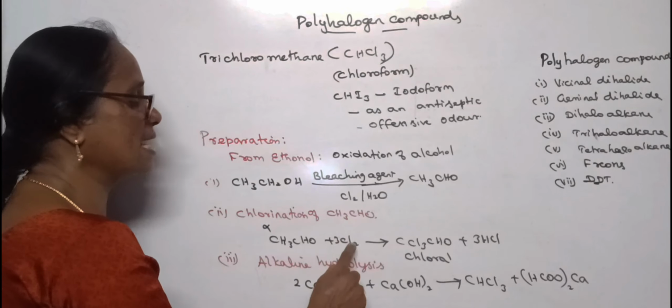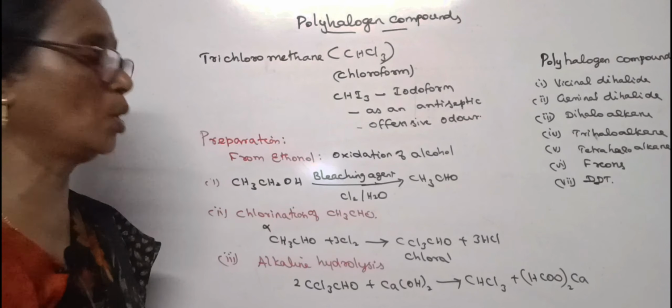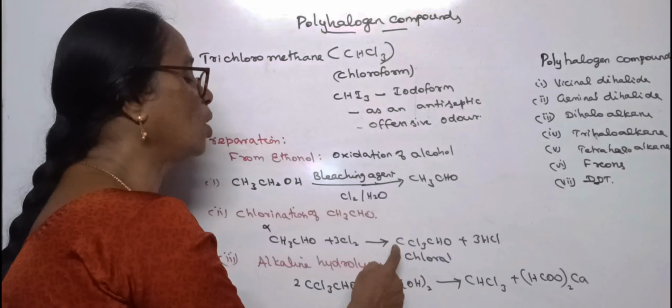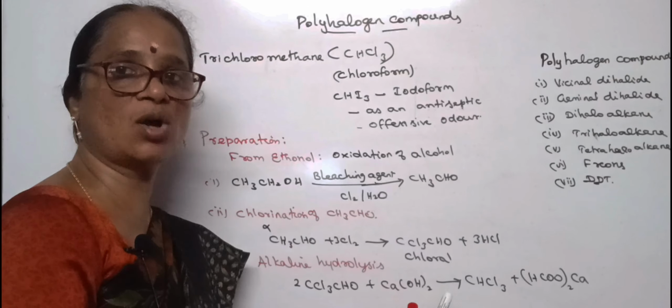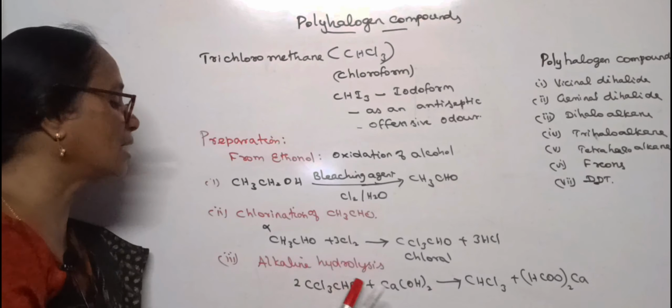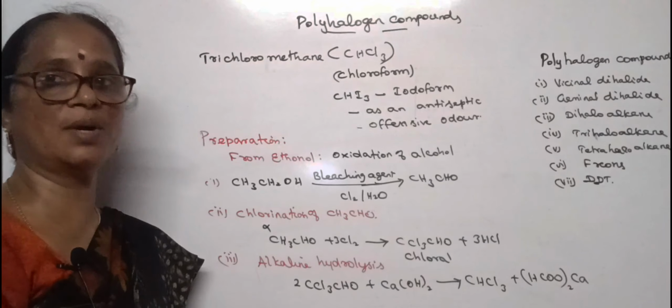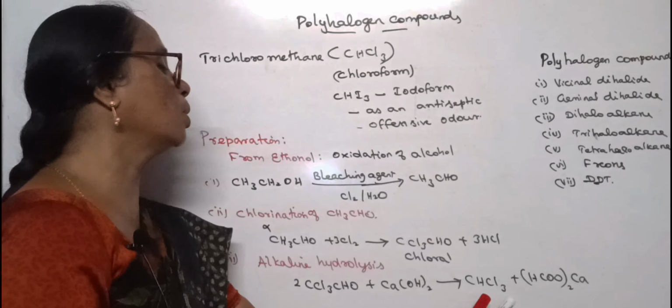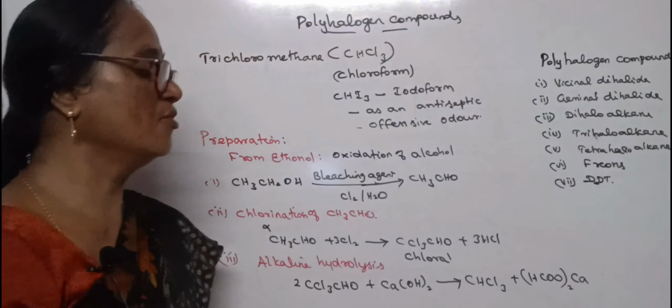These 3 hydrogen atoms can be substituted by chlorine, so we get trichloroethanol, or it is commonly known as chloral. This chloral, followed by alkaline hydrolysis with calcium hydroxide, forms chloroform and calcium formate.